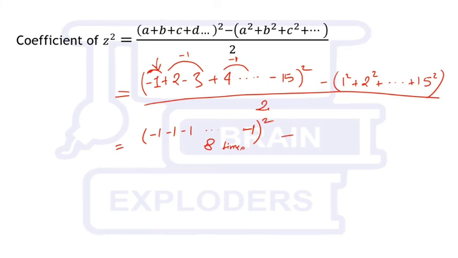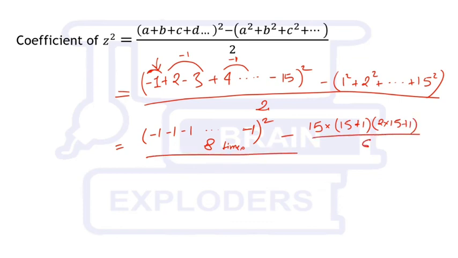And here the sum of squares of the first 15 natural numbers is 15 times (15 plus 1) times (2 into 15 plus 1) divided by 6, and this whole value divided by 2.